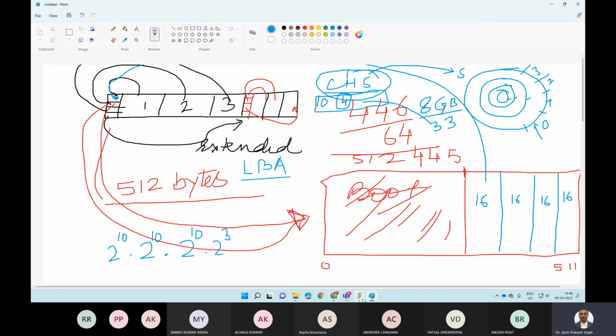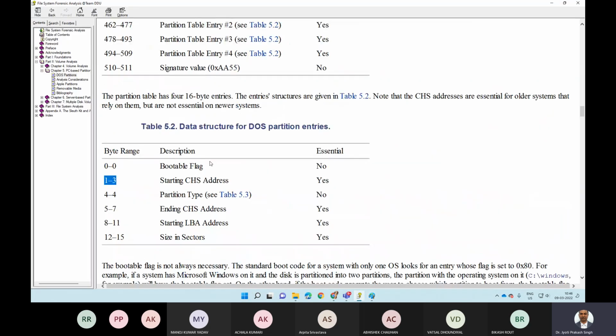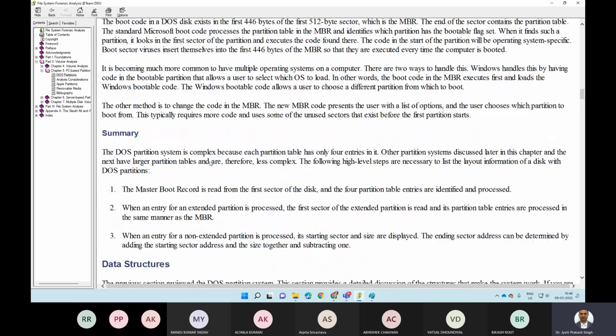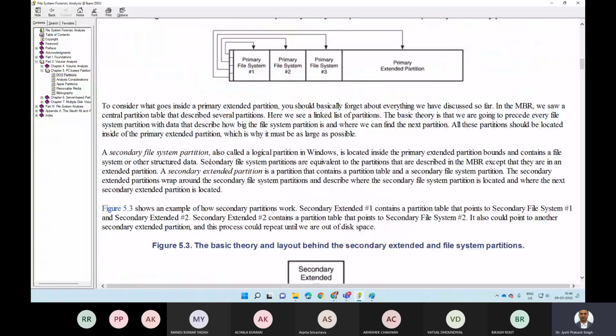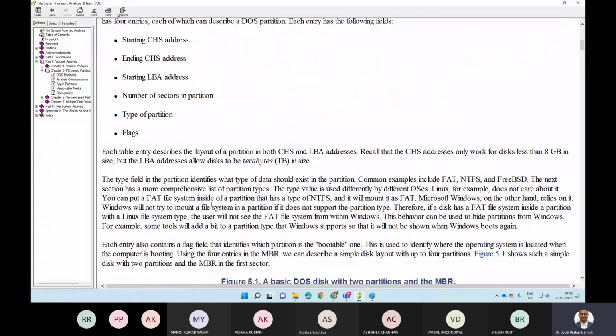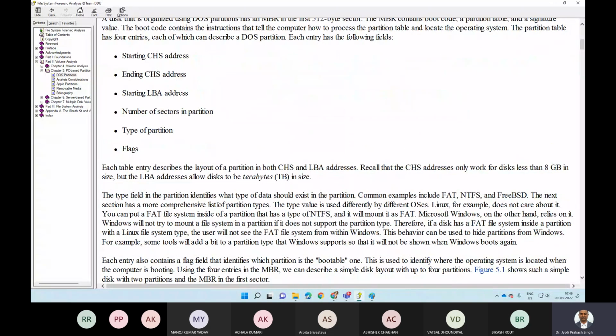So why this disparity? Where is the problem happening? You are right, it should be 33, but why is it giving 24 bits here? Less than 8 GB. If it has to be less than 8 GB, then how much can we have? We should have a 33 bit address.